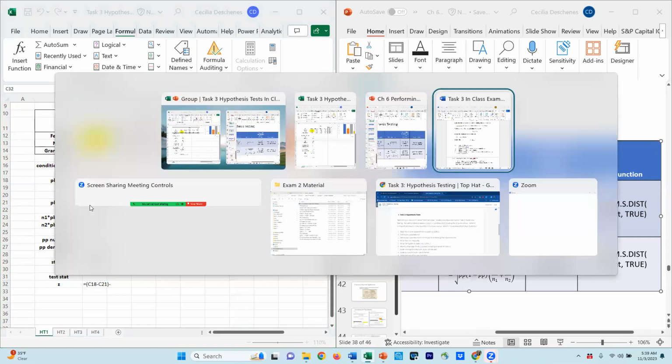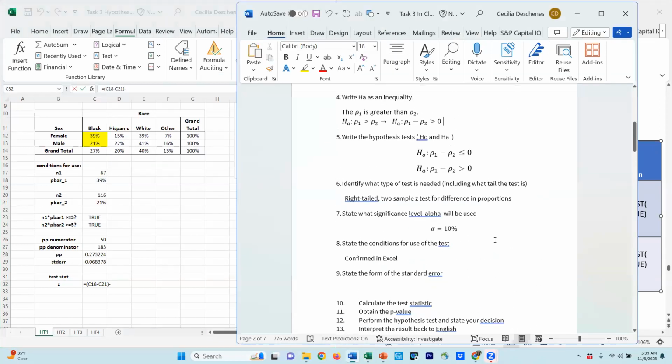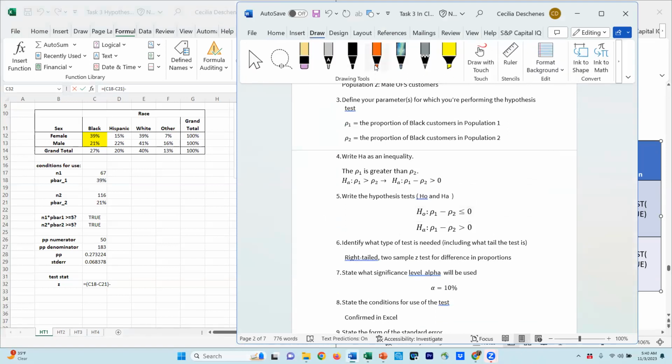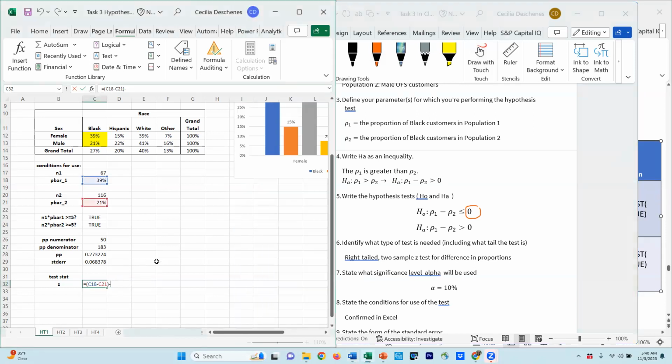And the expected value from the hypothesis is the number on the right here, 0. So it's P bar 1 minus P bar 2 minus the expected value of the difference in the parameters, and that is 0. So we are just going to subtract 0 from that, and it doesn't really need to be there. So I'm just going to go then to dividing by the standard error.